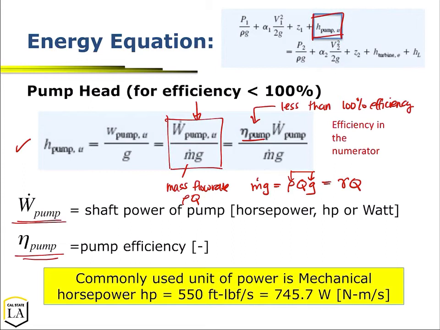If there's no information given about the pump efficiency, then you can assume that the efficiency is 100%. If it says anything about solving for it, or it says something about the shaft power, the expected or the observed is different, then you have to solve for that efficiency parameter. So that is the extra equation for the pump head.